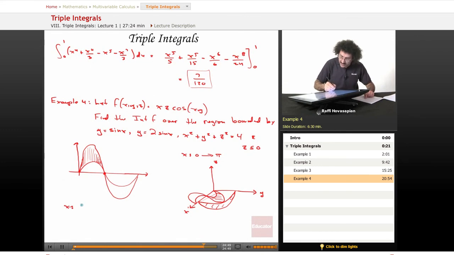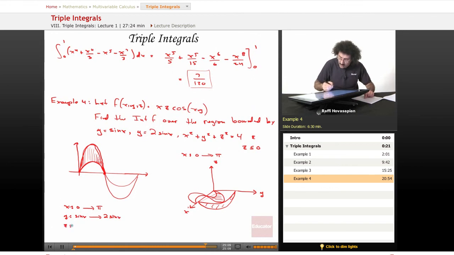So now let's go ahead and recall what's going where. So x, we said, is moving from 0 all the way to pi. Well, y is moving from sine x to 2 sine x. That's lower and upper.